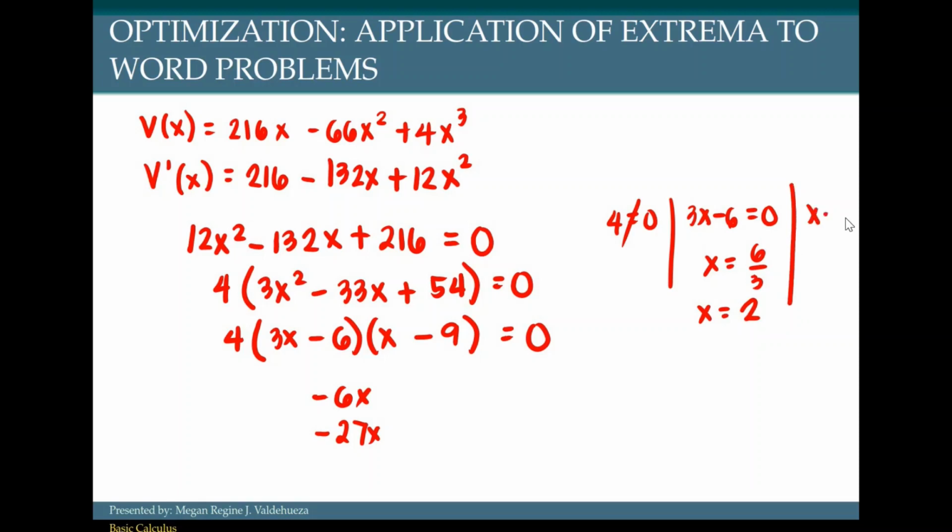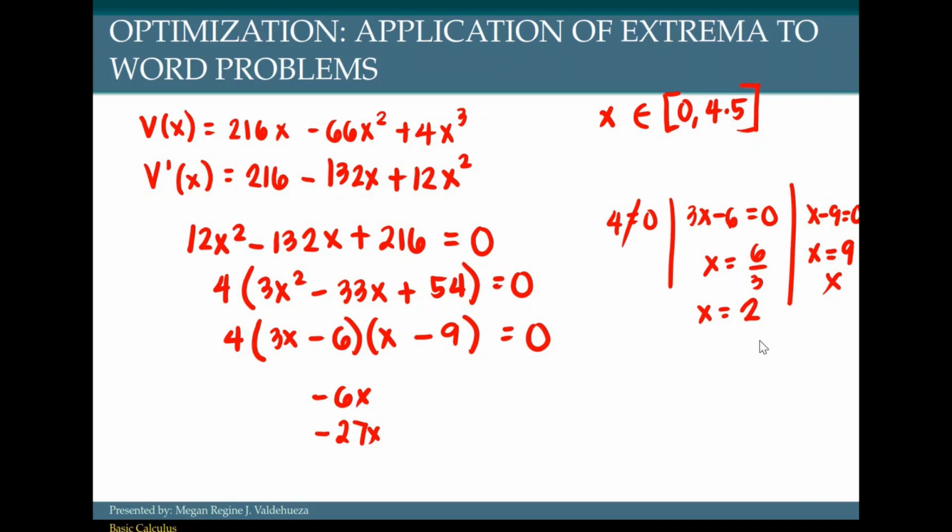And then x minus 9 equal to 0. So that is x equal to 9. And so we got x equal to 2 and x equal to 9. But since x should be in the interval from 0 to 4.5, then x equal to 9 is rejected, since this is outside the interval.